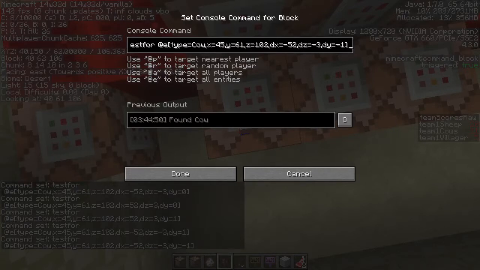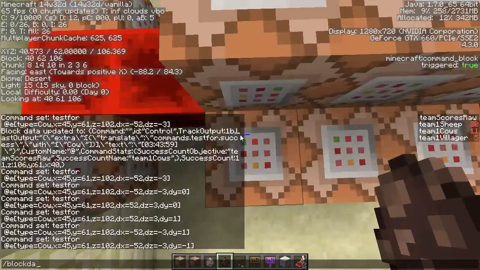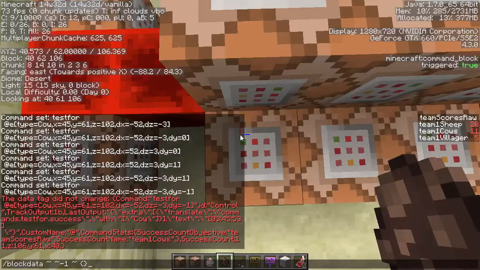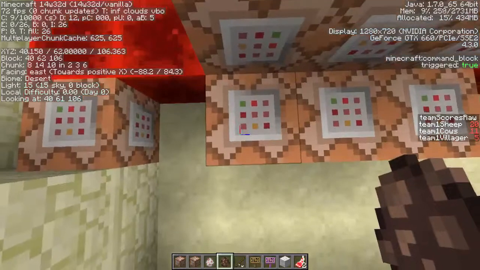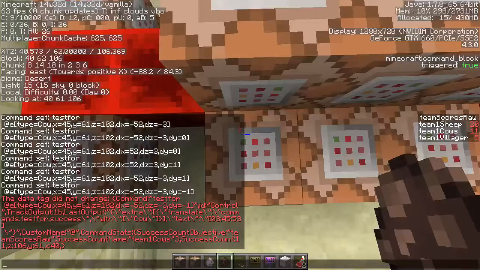All values must be positive. Oh, you want me to actually remove all information from the block, huh? Block data, your test 4 command block, and nothing.